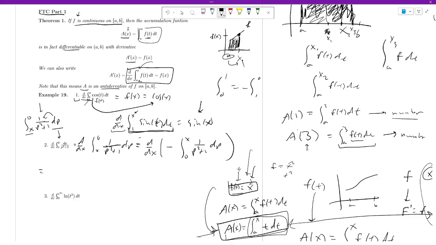And this negative sign maybe I'm not happy with, but we can pull it out, right? One of our derivative rules is if I'm doing the derivative of a number times something, that's the same as pulling that number out in front of the derivative. And now I'm happy. Now I'm all set up to use the fundamental theorem of calculus.